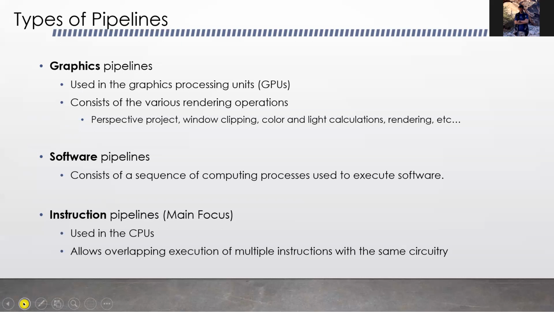So if you have different circuits in your GPU that can handle these processes at the same time, you can, for example, have a circuit processing window clipping, another circuit at the same time processing color and light calculations, another one doing rendering, all at the same time.